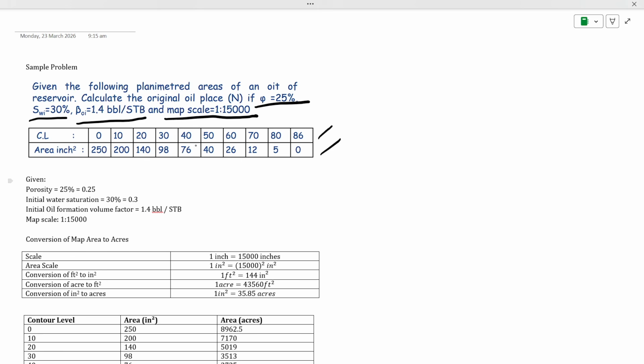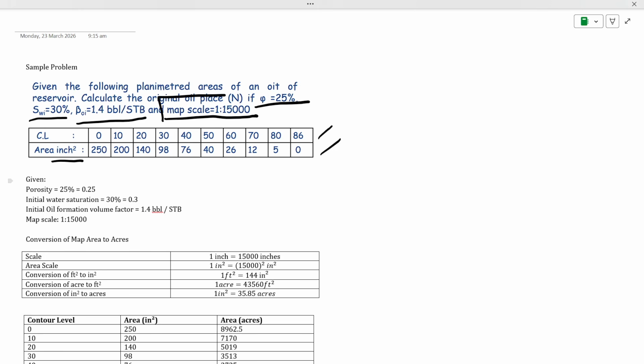The first step for this problem is to understand the given data. From the problem, we can identify that the areas are initially expressed in squared inches, and then we must convert these areas into acres. So how?